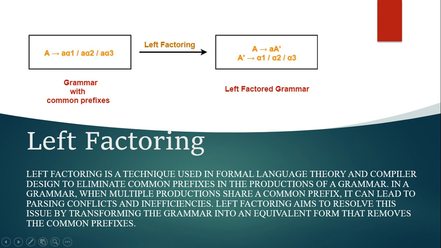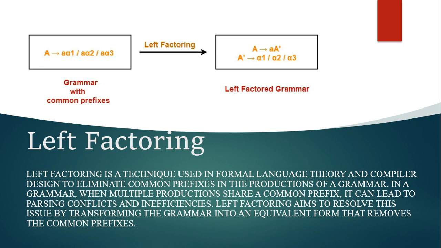If more than one common prefix is present in a grammar, there will be a conflict or confusion about which prefix or which state we have to move to. So to avoid this confusion and conflict, left factoring is used.